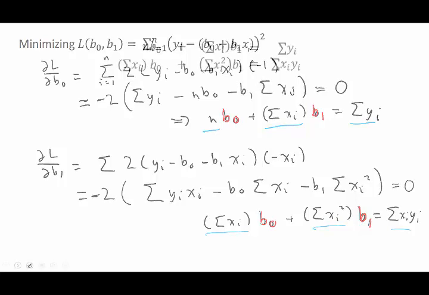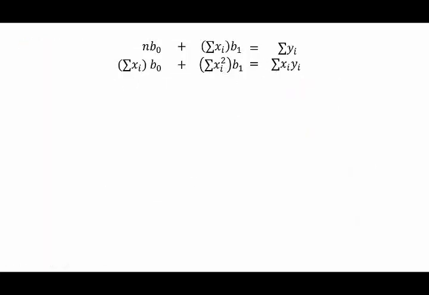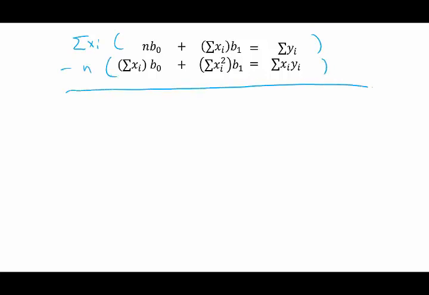To eliminate one of the variables in these two equations, we could, for example, multiply the first equation by the sum of the xi and multiply the second by n and then subtract. Doing so will result in an elimination of the b naught terms from both equations.